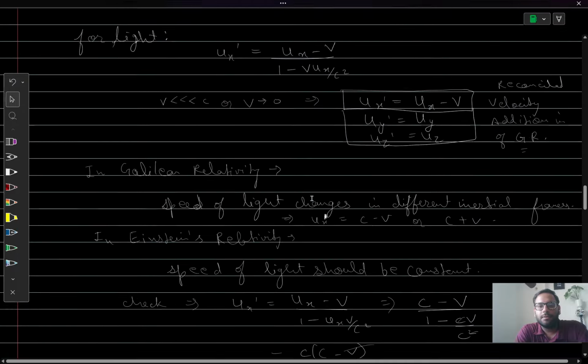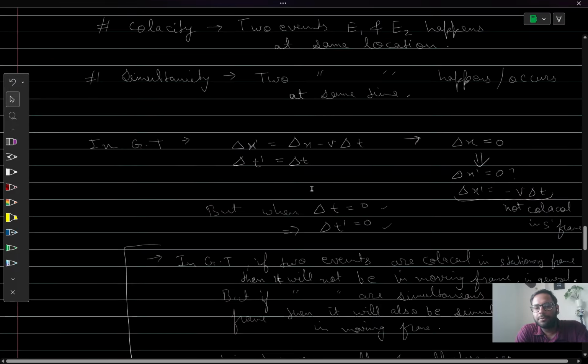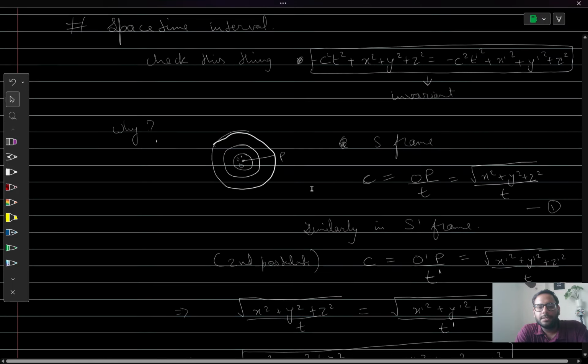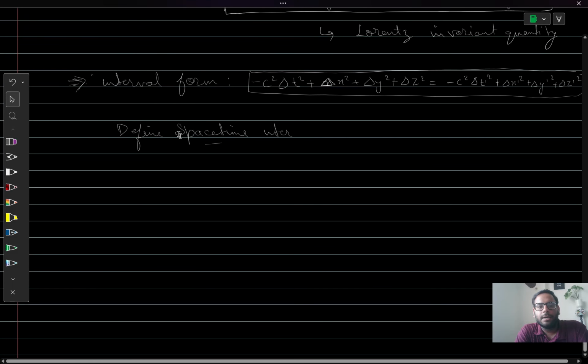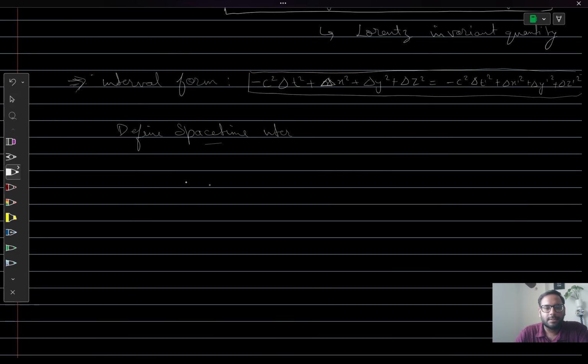So that's why space and time are now not separate quantities. Now space and time are united, and we define that as space-time. In Einstein's theory, it is now space-time. It is a unique quantity, and space and time are not separate things.